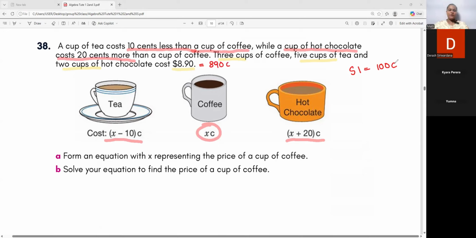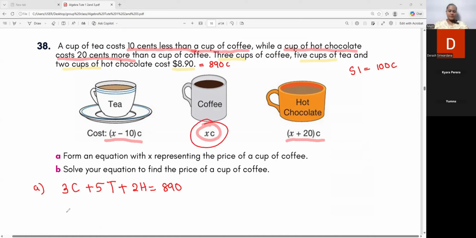This is the total. Total means 3 cups of coffee. This is 1 cup of coffee, 3 times of this. I'll write the answer here. 3 cups of coffee. Coffee I'll use C plus 5 cups of tea plus 2 cups of hot chocolate is equal to 890 cents. C is price of coffee.